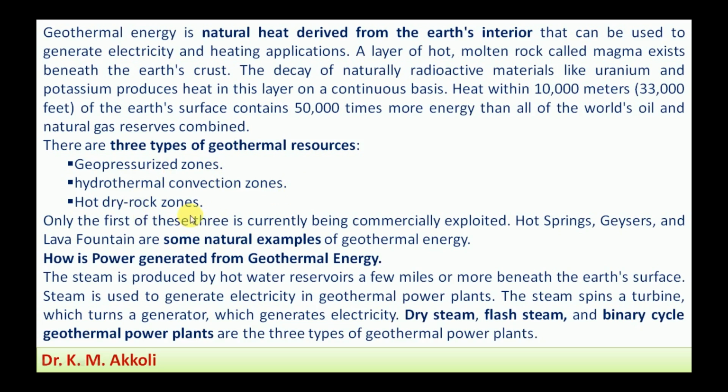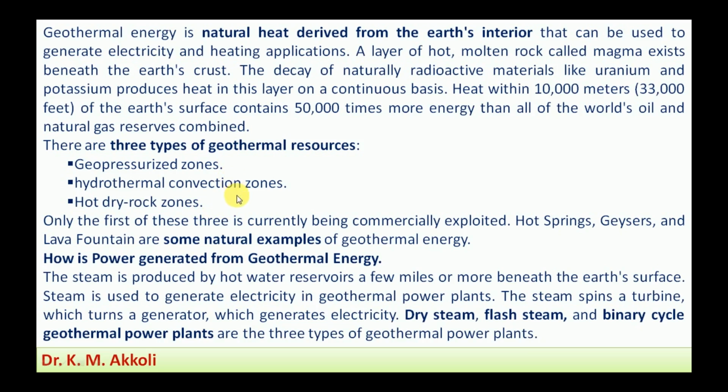The next one is the hot dry rocks. In certain regions, we cannot inject the water, and only hot dry rocks are present. In a similar way to the hydrothermal convection zones, here also we can inject the water up to those hot dry rocks, and the heat from the dry rock transfers to the water which is flowing to that rock, then it will convert into steam, and that can be supplied to the surface.